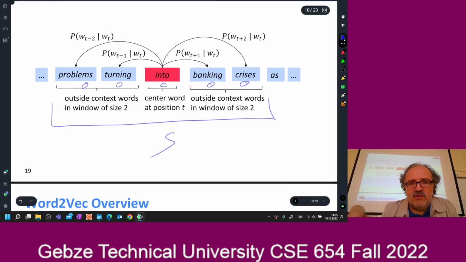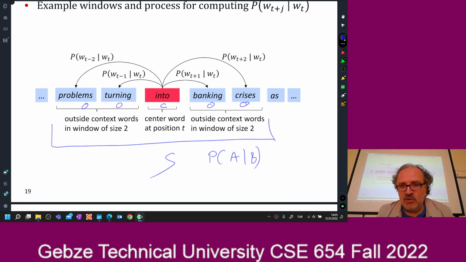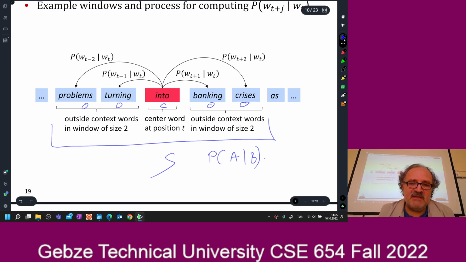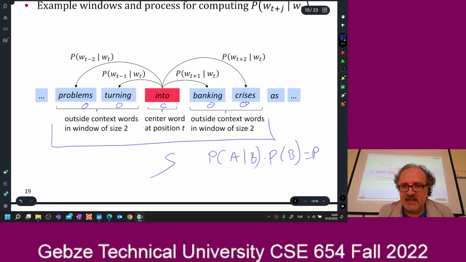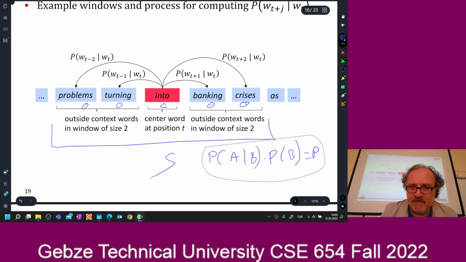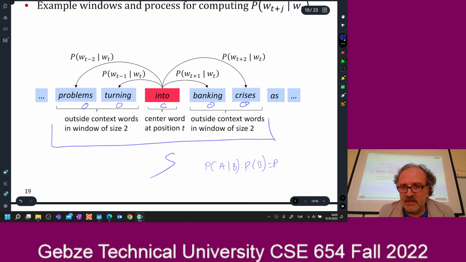If you remember from your high school or middle school years, probability of A given B, where B is given, if I multiply this with probability of B, I would get P of A and B happening together, right?